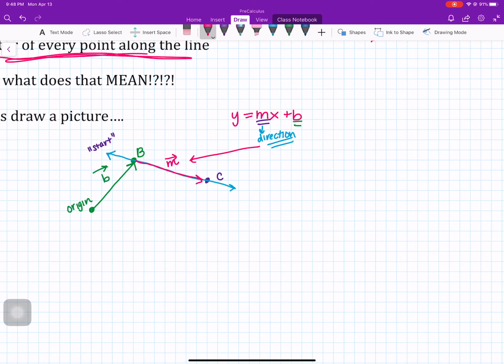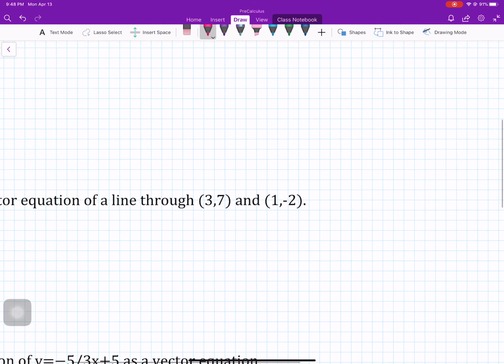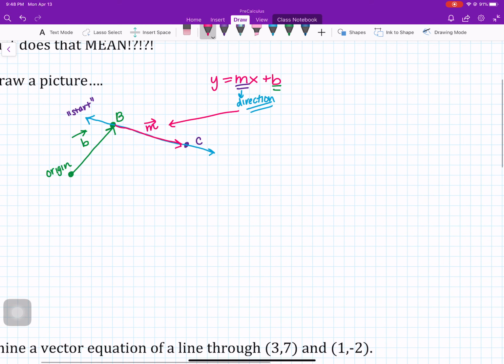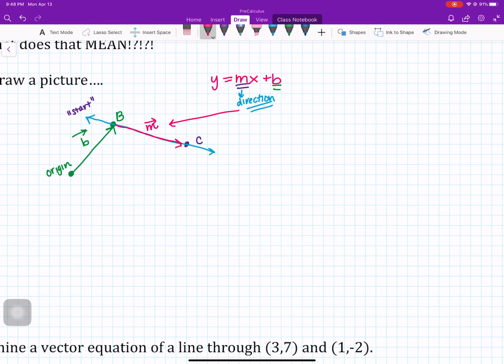It's telling you how you're getting from B to C. Now remember, there are lots of vectors that could be in the same direction as M. They would be parallel. So in this vector equation of a line situation, you actually have a lot of different potential correct answers. So just keep that in mind as we continue working.